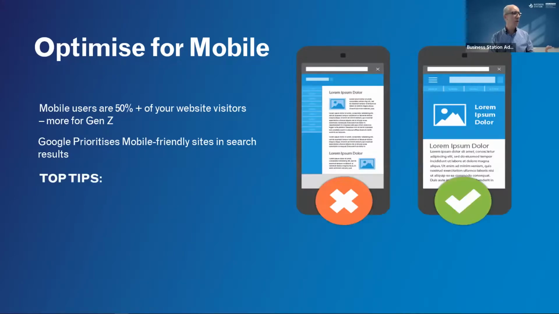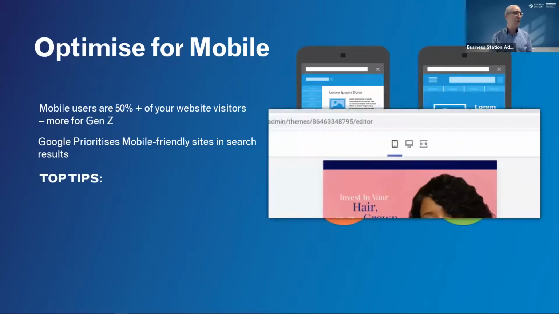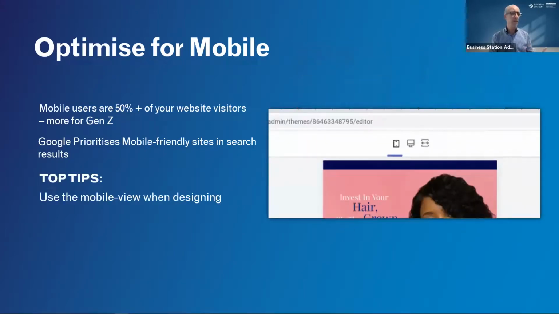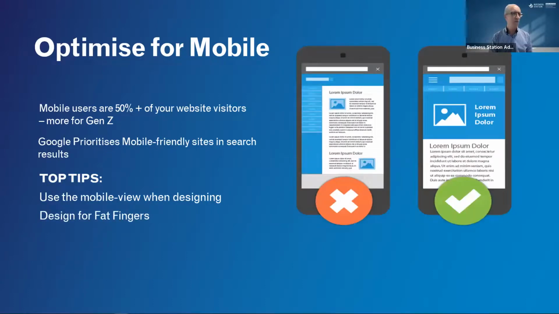Now, just very quickly, think about the mobile version of your website. If you do have the option of designing in mobile form, do that in mobile view, so you can see what it looks like on a mobile screen before you're losing customers because the images are too small, the font's too difficult to read, or the tap targets, the buttons and the menu items, are just too small to tap. So just keep that in mind.